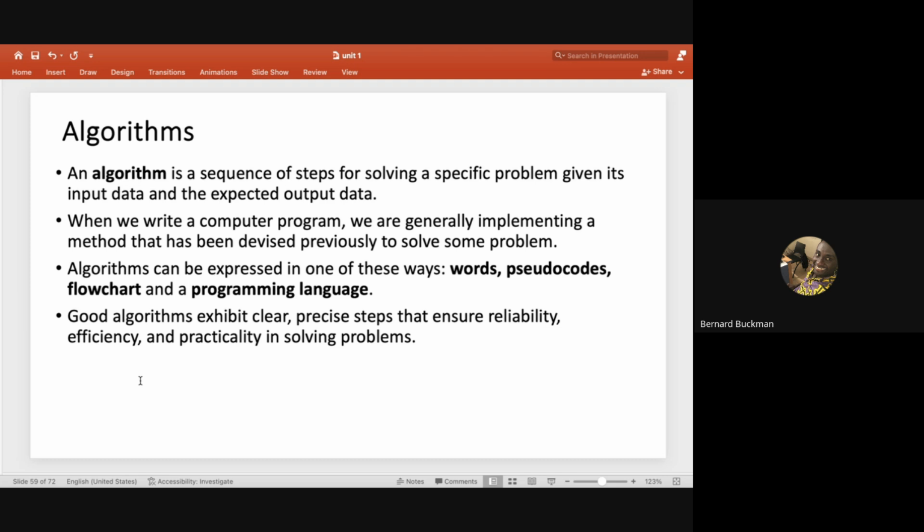Now, algorithms are like recipes. If you've seen a cookbook before, the book that we follow to cook food, you notice that an algorithm looks similar to that. The cookbook tells you how to cook. The algorithm tells you how to design the software solution to a problem.